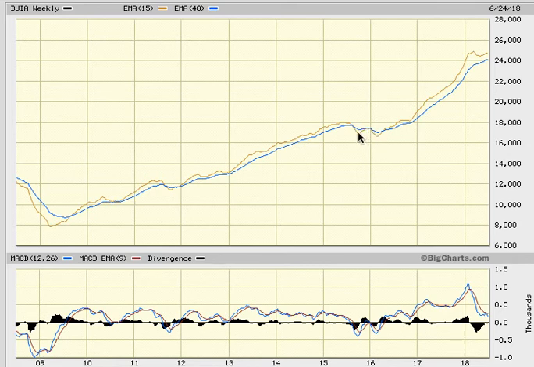And that lasted from early third quarter of 2015 into the first quarter of '16. And since 2016, the 15 has been above the 40, and we would consider that to be an uptrend, bull market. So in regard to the Dow Jones Industrial Average, the trend is bullish, the trend is up, because the 15 is above the 40.